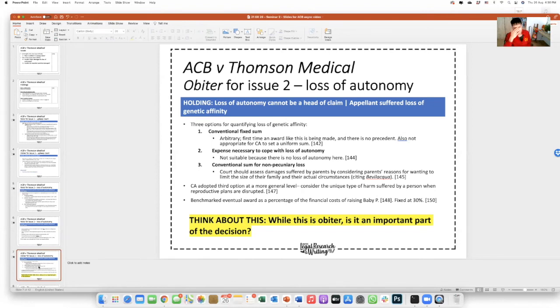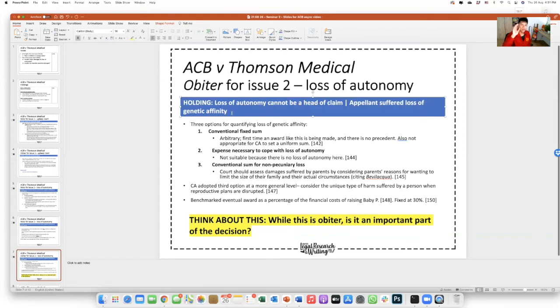All right, so we go on to look at dicta, or rather obiter, for issue 2. I think this question came up yesterday. Somebody asked whether this part of the judgment, about how to quantify compensation for loss of genetic affinity, should be considered ratio or dicta. And I think my response was, this depends really on how you frame the issue and how you frame the subsequent holding. Now, let's work with this specific framing of the issue and holding.